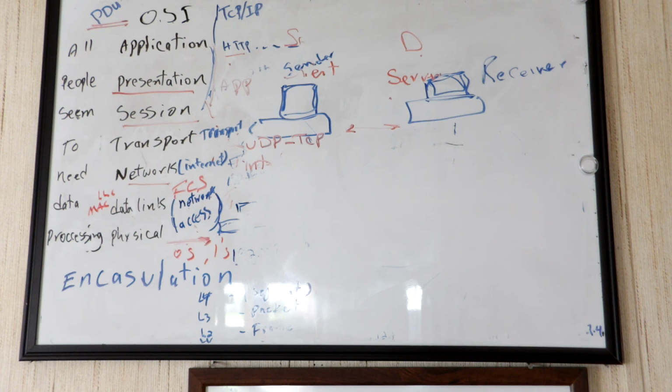And then when it gets to the network layer, it changes to a packet, which contains the logical address, routing, and path determination, all in the network or internet layer.